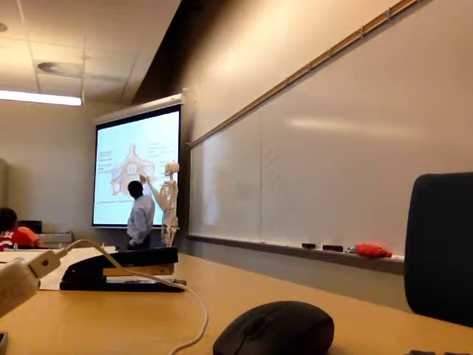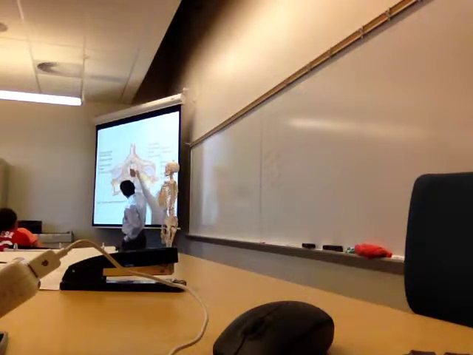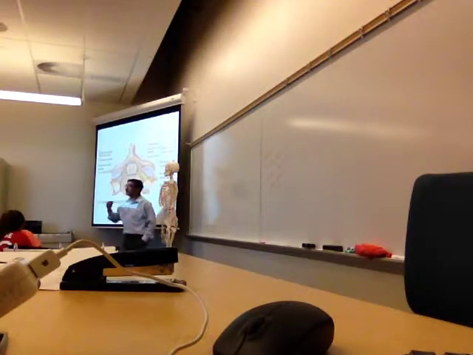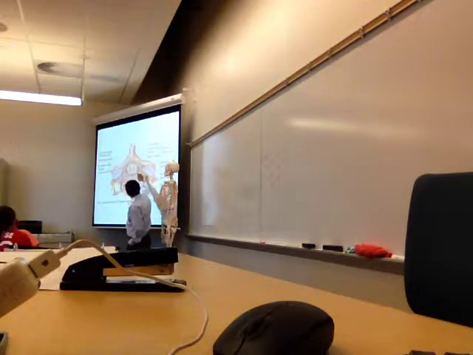Then you see, this is the fat, epidural fat. Epi means outside. So this is the dura mater, and outside of the dura mater you have epidural fat. Then dura mater, arachnoid mater, and pia mater is this one, attached to the spinal cord.